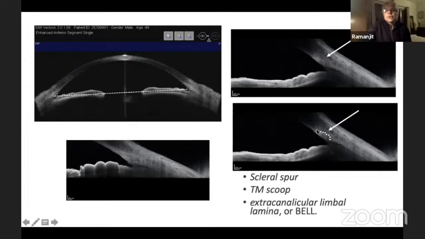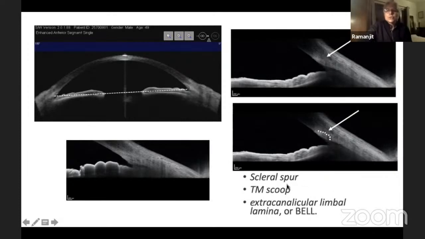So this is what I've drawn over here. If you look at this diagram, you can see the lamina over there. At the same time, you also see what is called the trabecular scoop. That means here we have the scleral spur, and this is the space available for the trabecular meshwork to be sitting on.